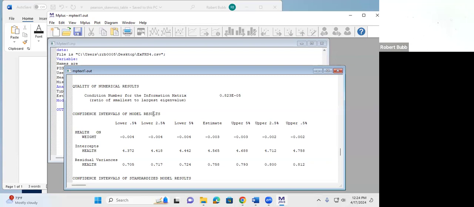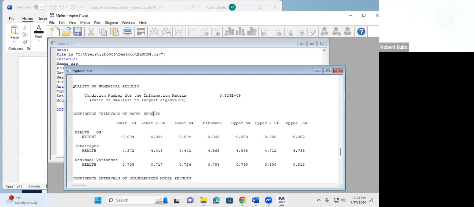Okay, anyway. Our best guess for the slope for weight, for distance out, is -0.003, and that's just based on our data. But our sample is not what it's going to be in the population. So this gives us a range of where we expect the true population slope to fall.